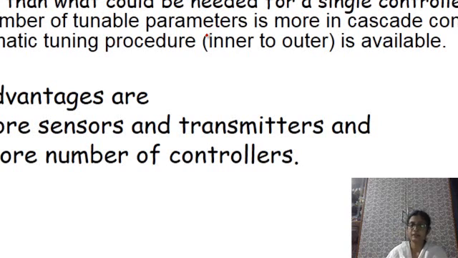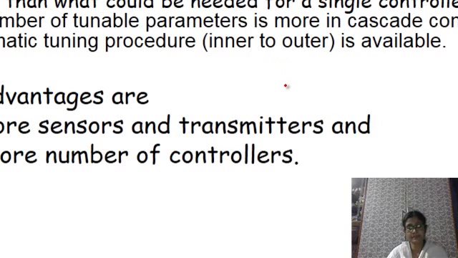But since there is a secondary controller, which has higher gain than the outer loop, the tunable parameters are more, since the number of controllers is more than in a single feedback loop. So a systematic tuning procedure is available.